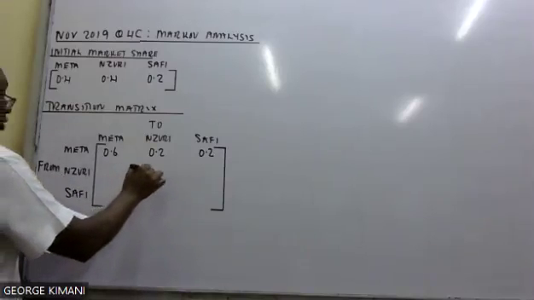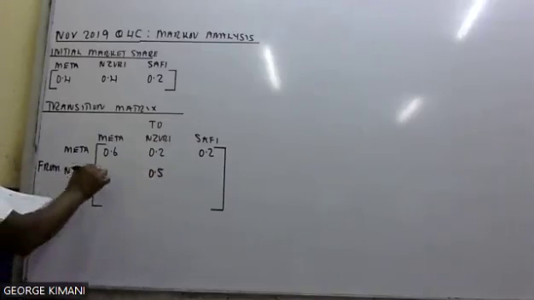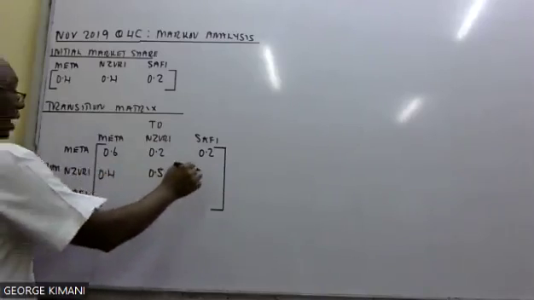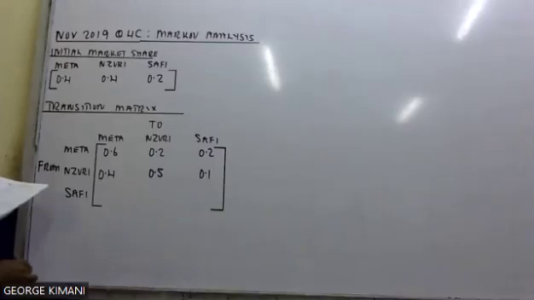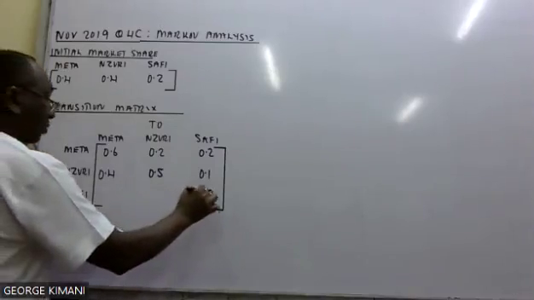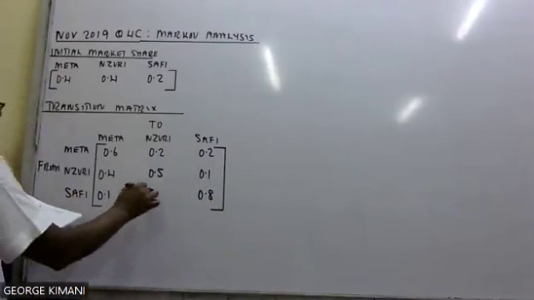So Nzuri 0.5. Then we have 0.4 and 0.1. Then those who bought Safi, 80% remain loyal, so 0.8. Then we have 0.1 and 0.1.